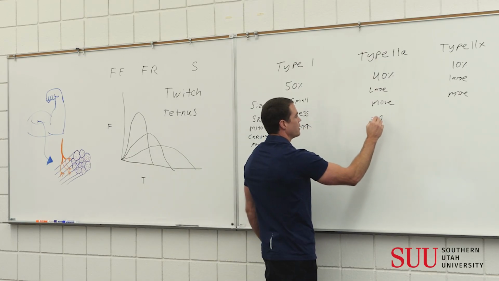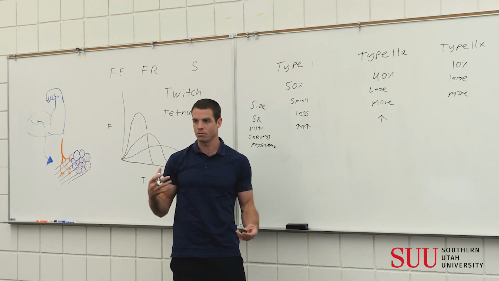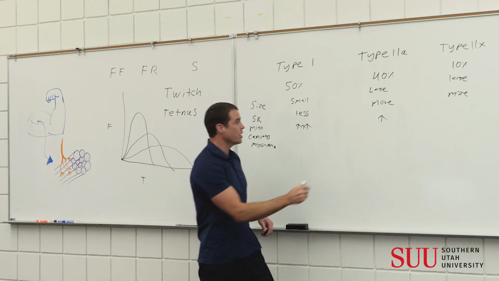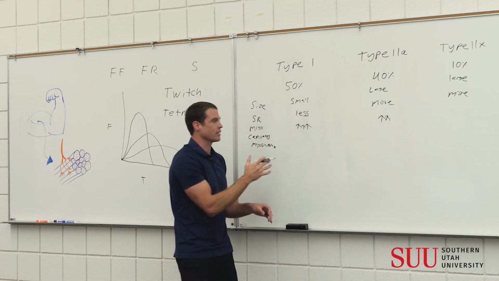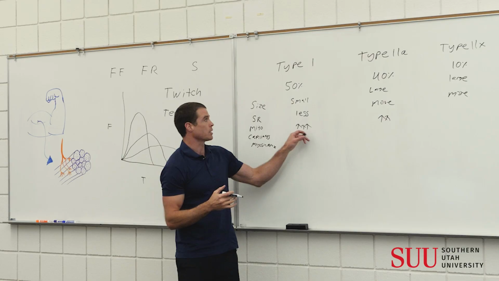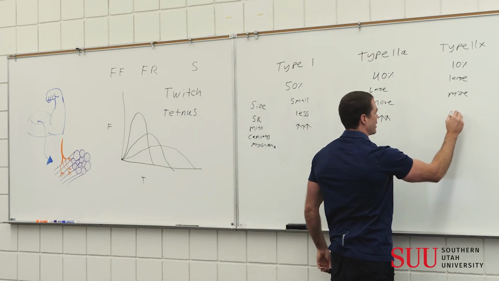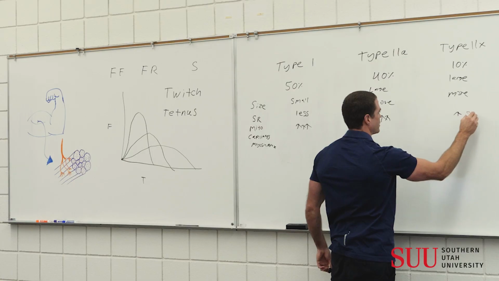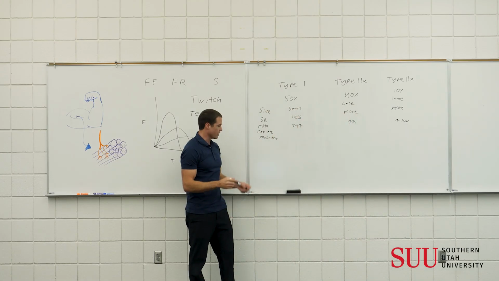This one, yeah, you're going to have them, not super high compared to this one, but it's still pretty high, because this is kind of analogous to your fast fatigue resistant, but still not as much as this one. But then your type 2x, it's going to be low. You're not going to have very much in that at all. So maybe arrows aren't the best way.